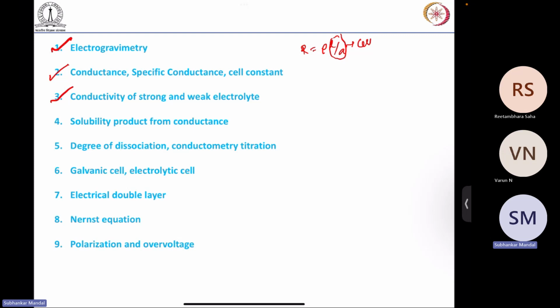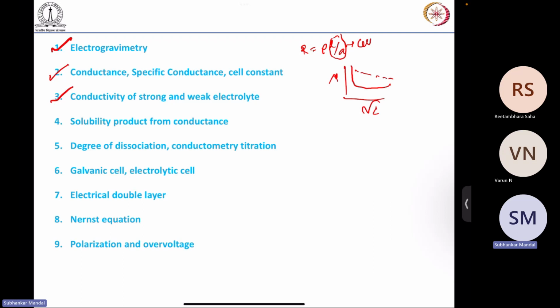Then we discussed the conductivity graph of weak and strong electrolytes. In the case of a strong electrolyte, when we dilute the solution, the conductivity increases linearly like this. In the case of a weak electrolyte, initially it increases, and when the concentration is very low, the conductivity of the weak electrolyte suddenly increases due to the dissociation of the electrolyte.